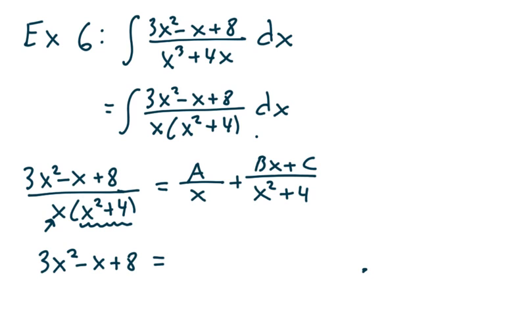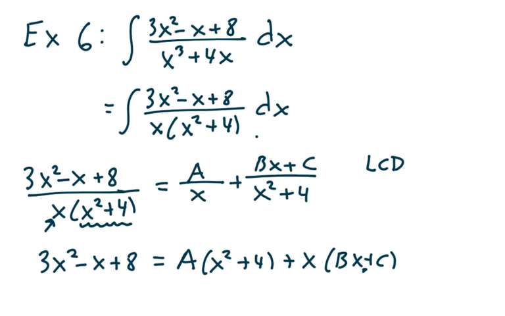On the right side, we're going to get A times (x squared plus 4) plus x times (Bx plus C). And then don't forget, the LCD is going to be x times (x squared plus 4). So what I basically did was multiply both sides by that LCD.